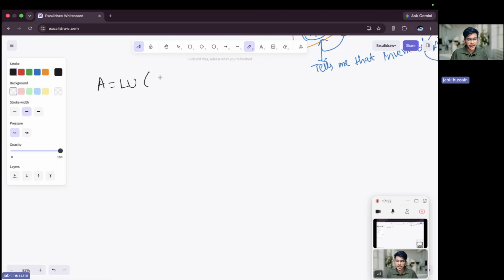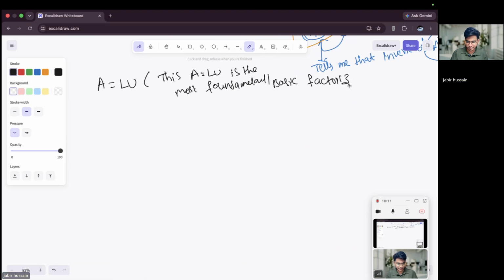The statement is that A equals LU is the most fundamental, basic factorization of a matrix. Factorization of a given matrix.